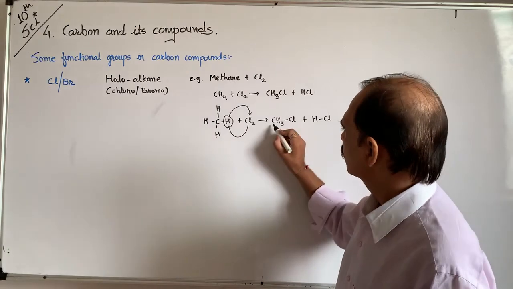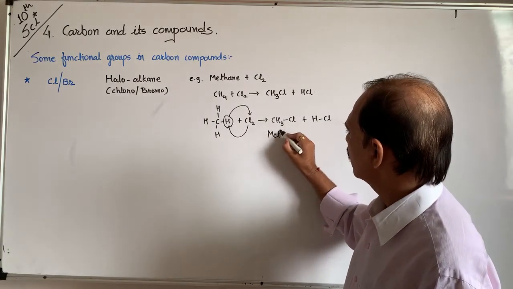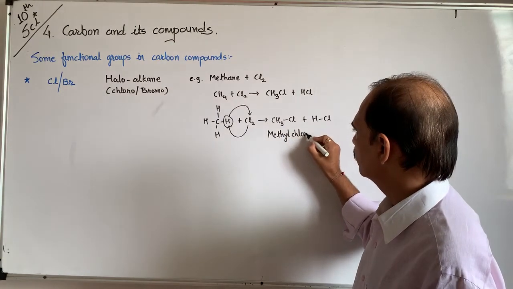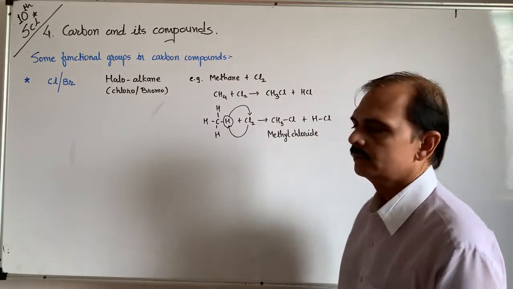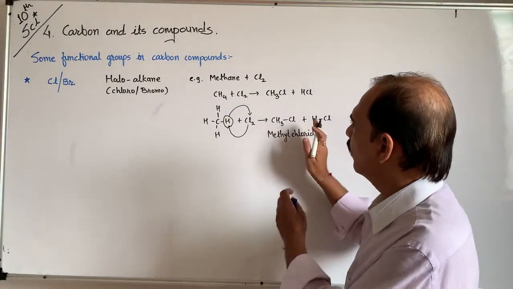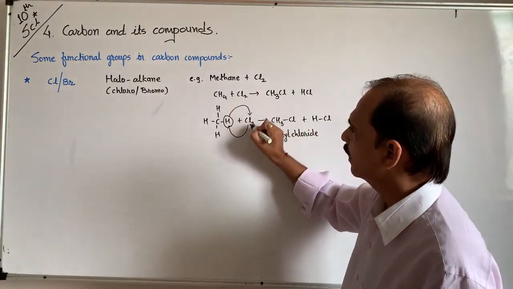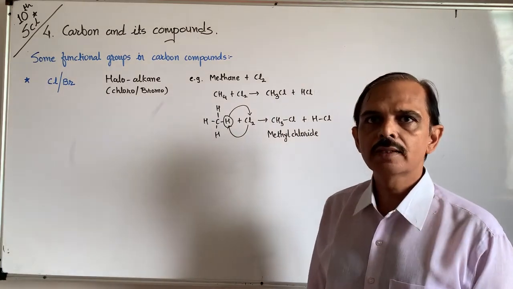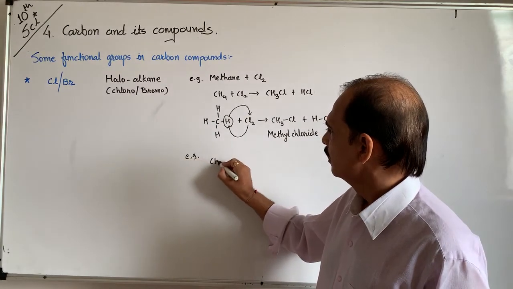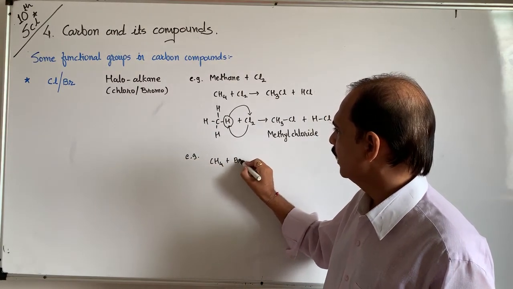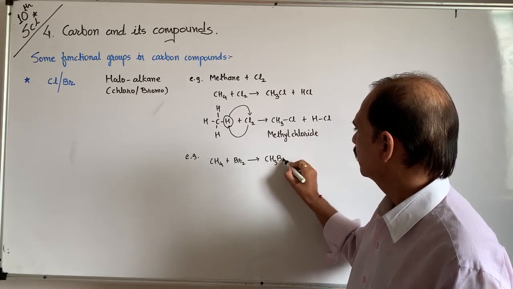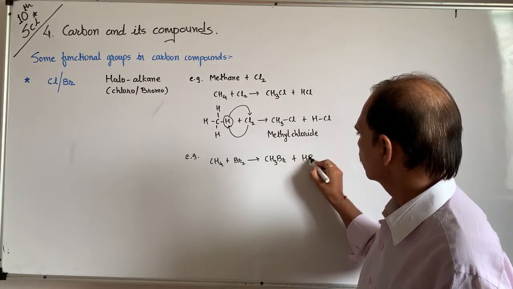This is methane, so this CH3 is called methyl, and since it is chlorine, we say chloride: methyl chloride. If bromine is added to it, Br2, then methyl bromide. Instead of Cl2, you can write Br2. So, as for example, methane plus bromine gives you what? CH3Br plus HBr.